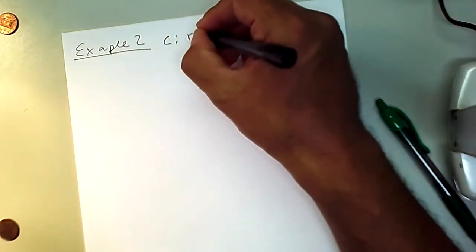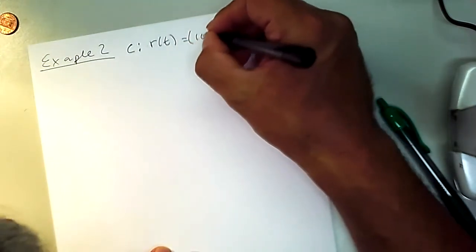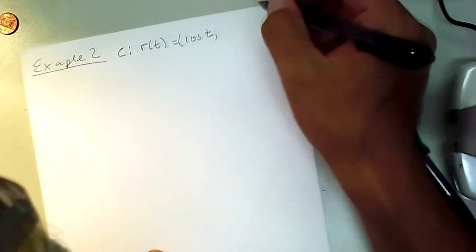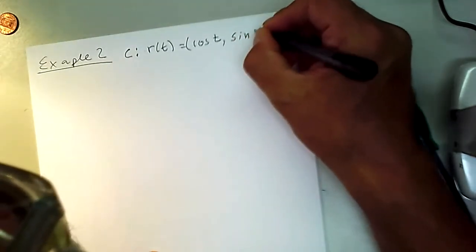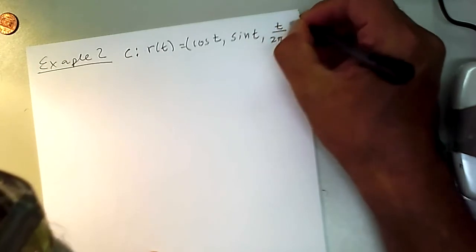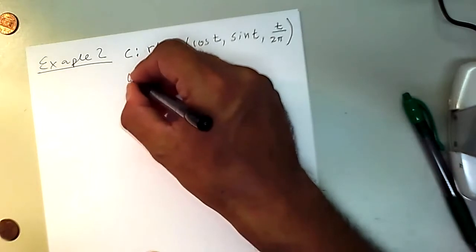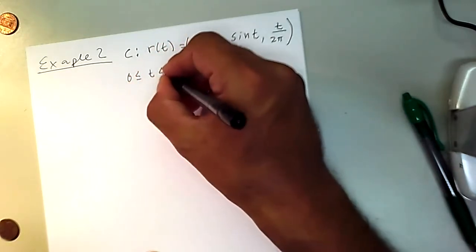So we have a curve C defined by r of t equals, and you guys have seen this before in some of the other videos, cosine of t, sine of t, and then t over 2 pi. And t is between 0 and 2 pi.